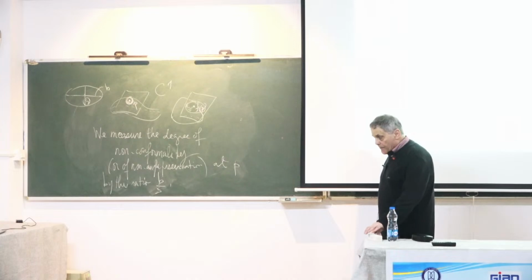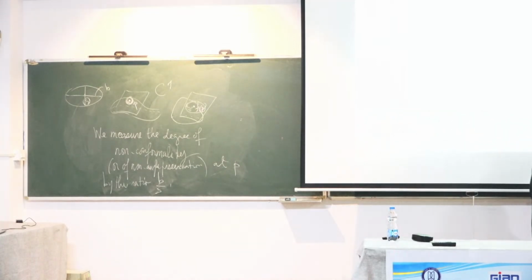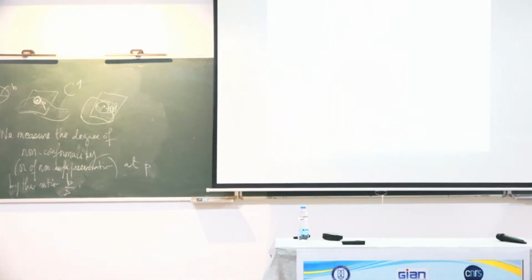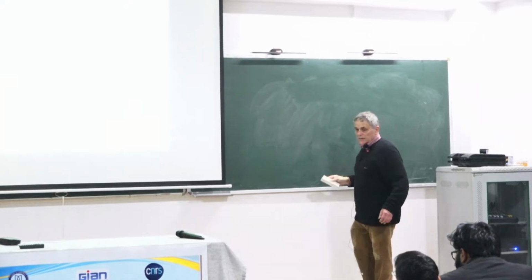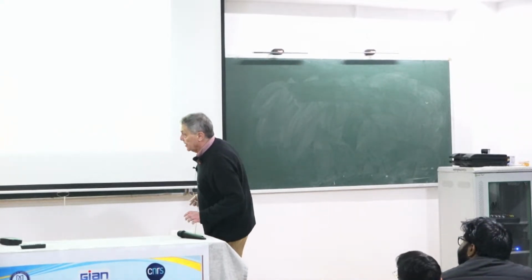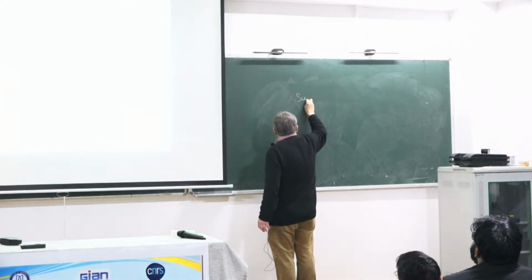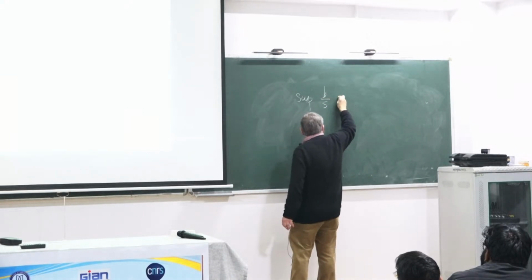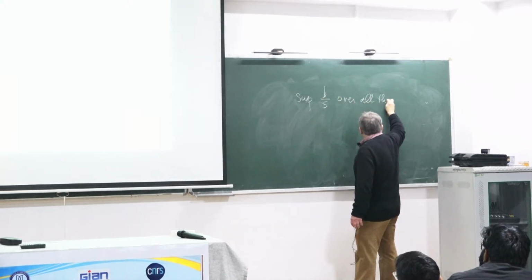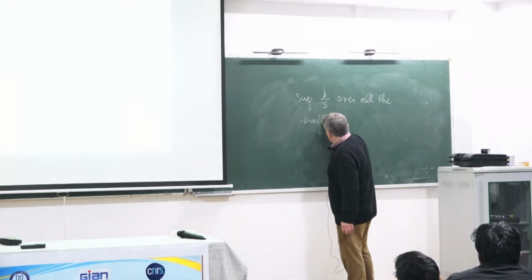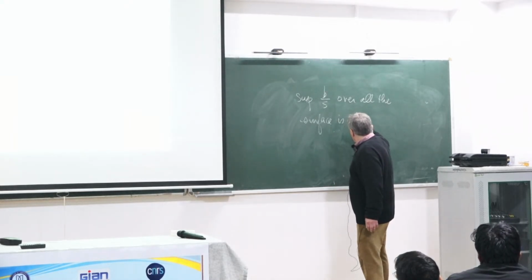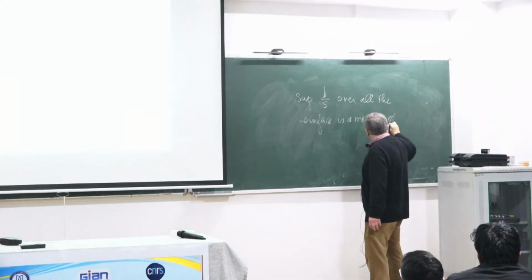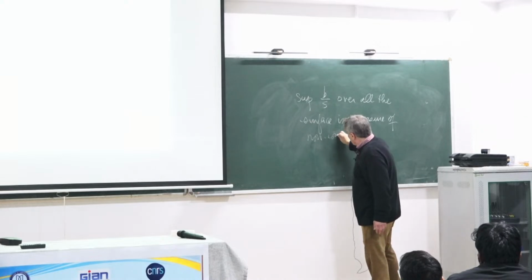And then, I'm simplifying a little bit, the supremum of this B over S over all the surface is a measure of the non-conformality.